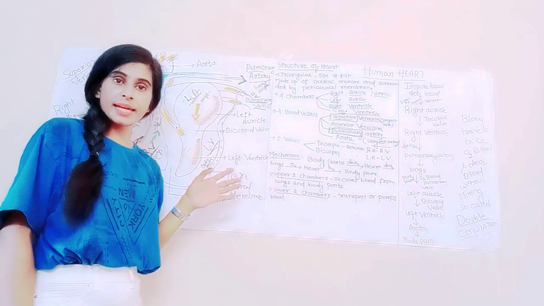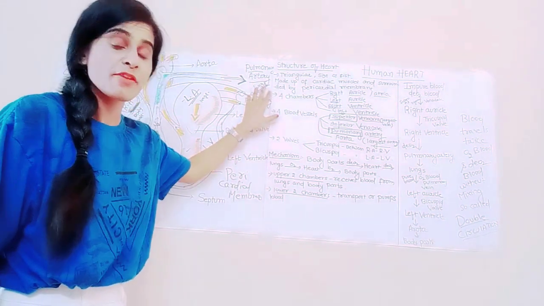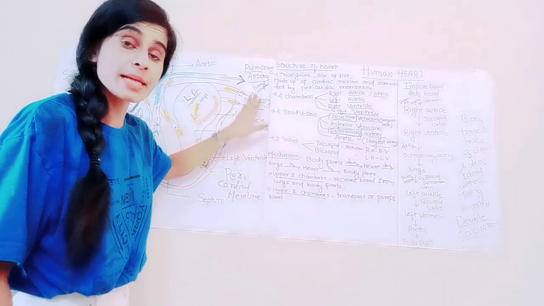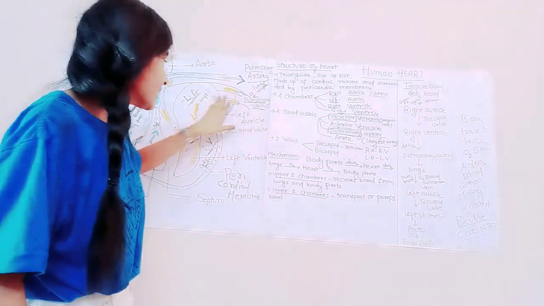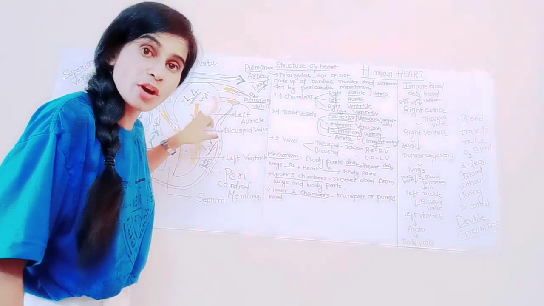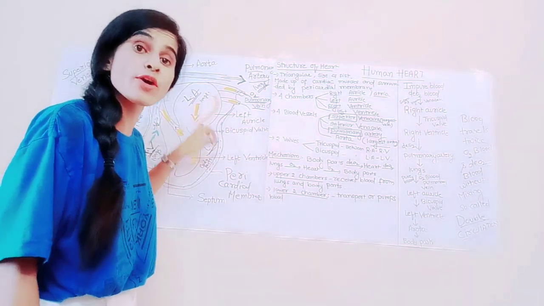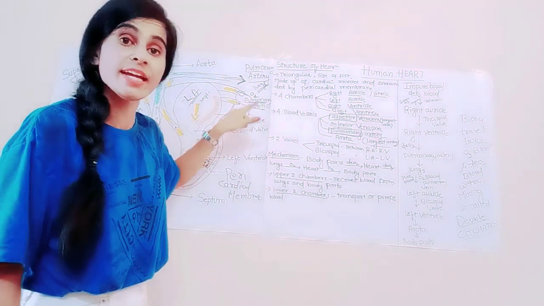After purification, the pulmonary veins carry the blood to the left auricle.